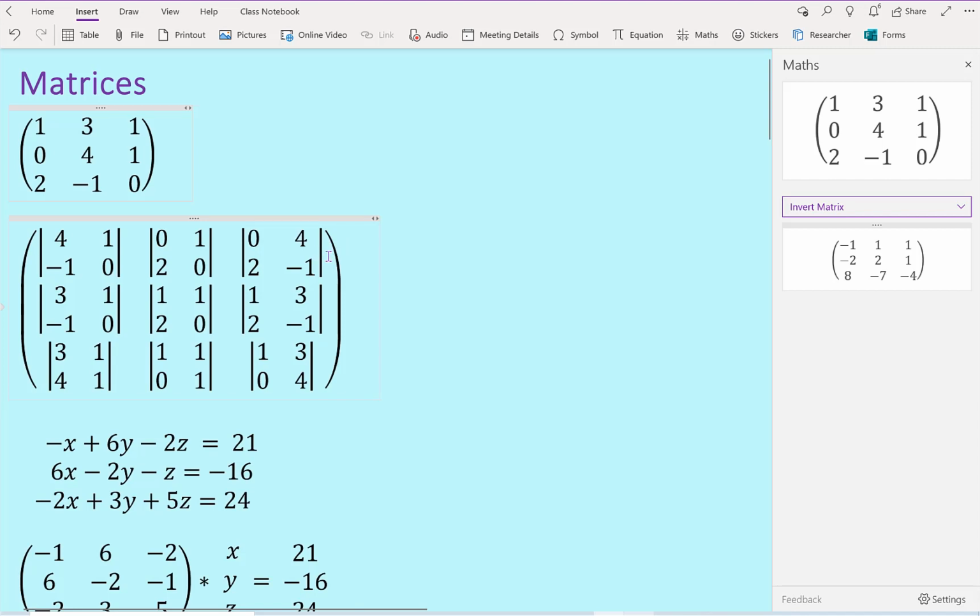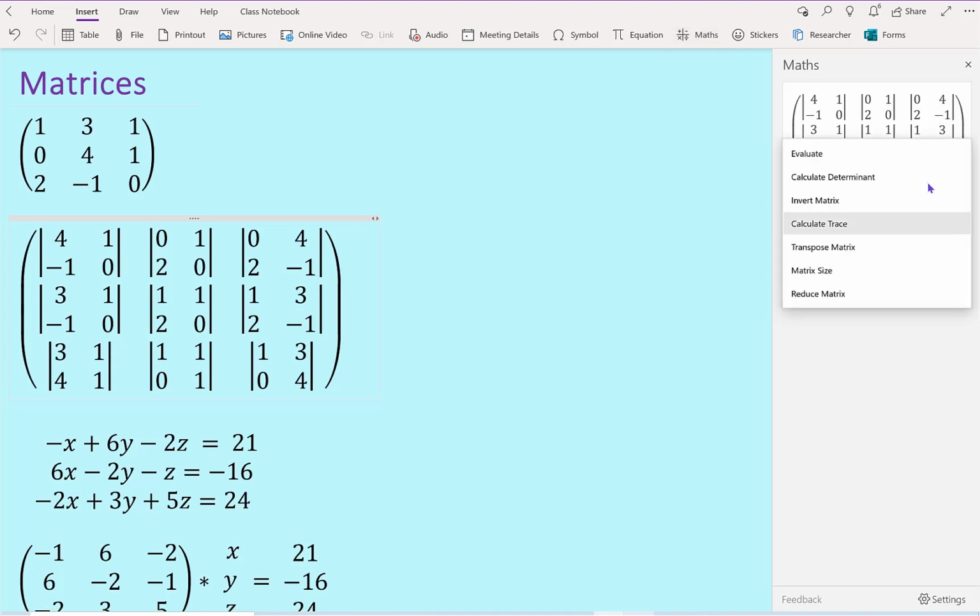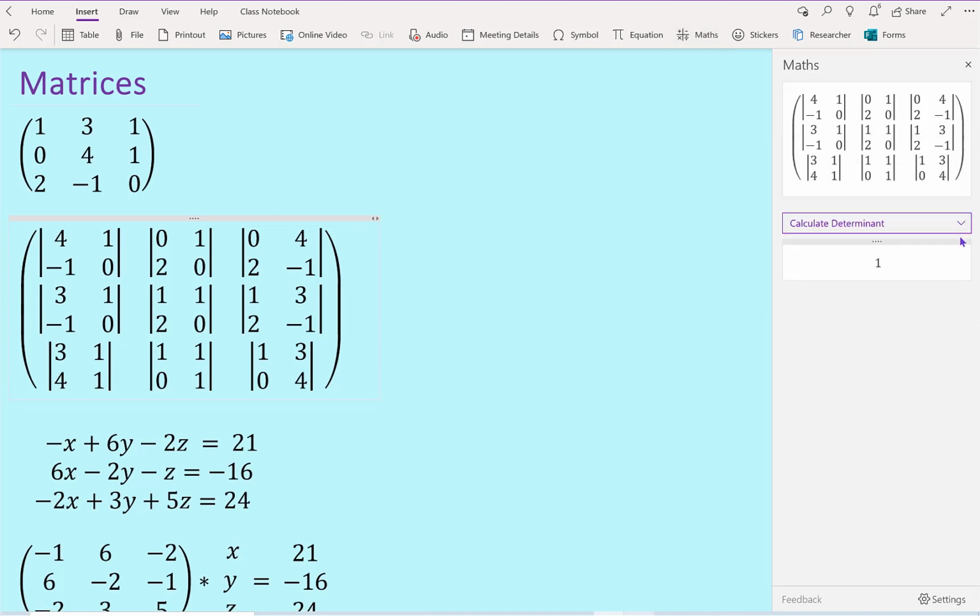The only way to get around this is by putting in the minors of this matrix, put it in this format, and then when you select again, they will only evaluate the determinant for you, but they will not evaluate the minors for each one of these. So what you need is to highlight each one and then evaluate.